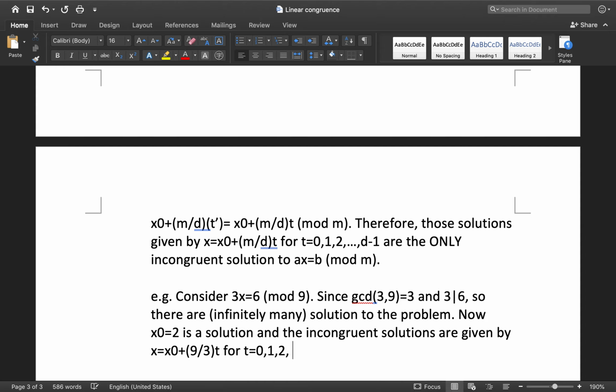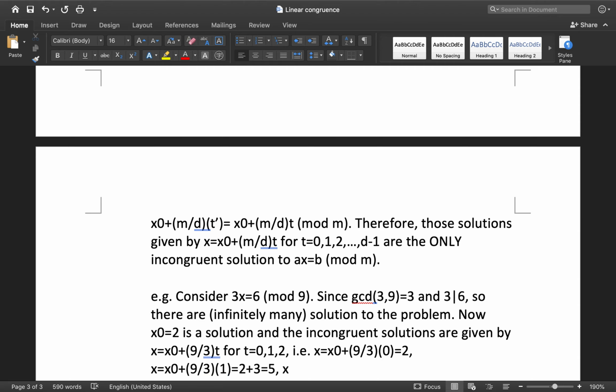So x equal to x0 plus this number times 0, that is equal to 2. This is one solution. The other one, this time you multiply by 1, so that gives you 2 plus 3, that is 5.